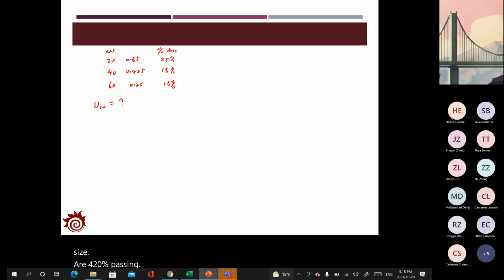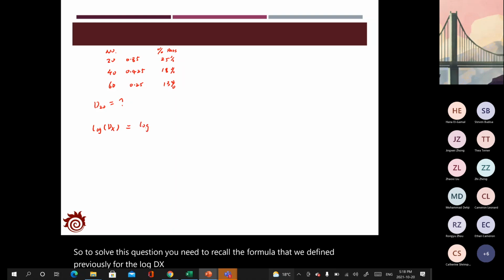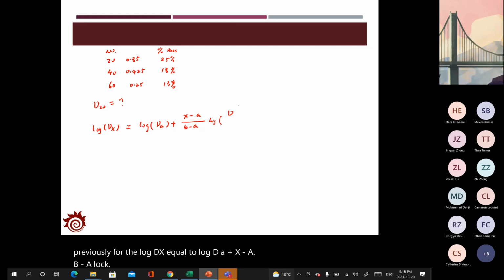To solve this question, you need to recall the formula that we defined previously: log Dx equals log DA plus (x minus A) over (B minus A) times log (DB divided by DA).